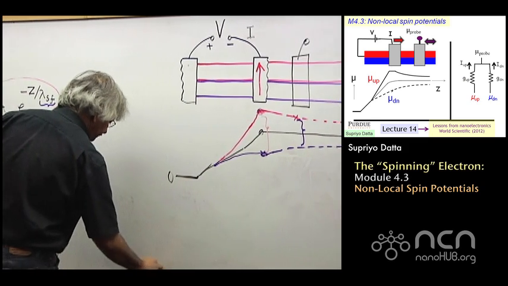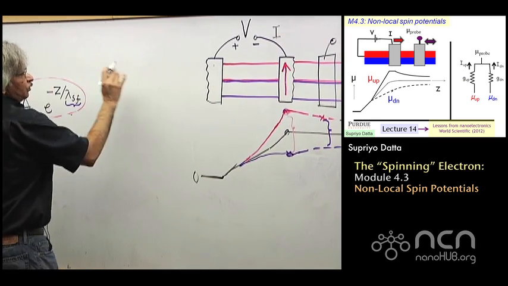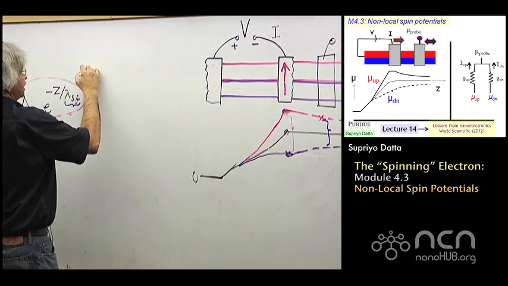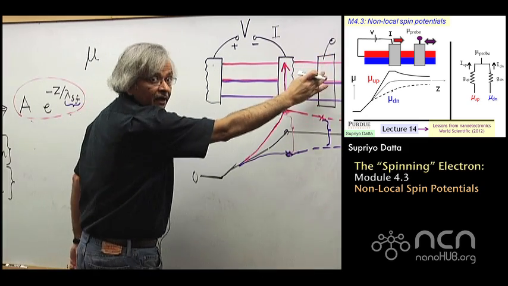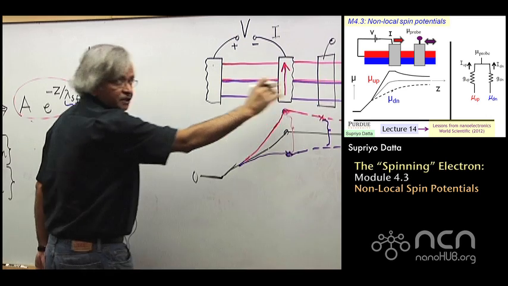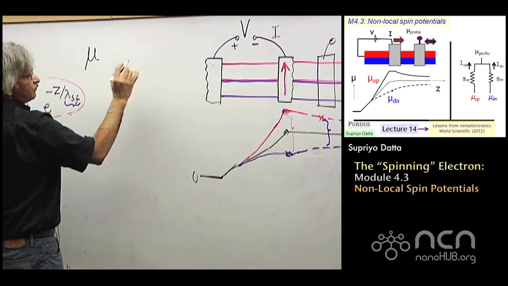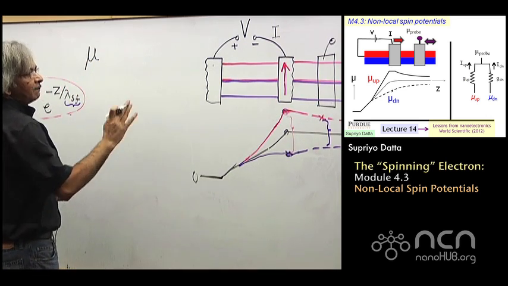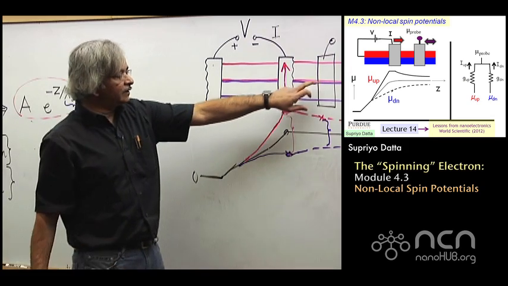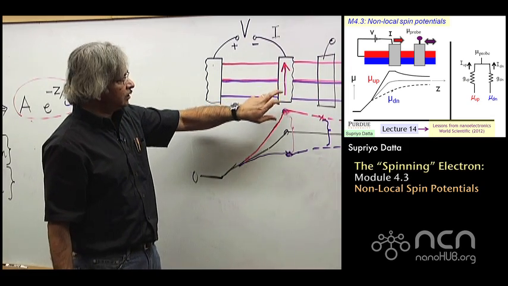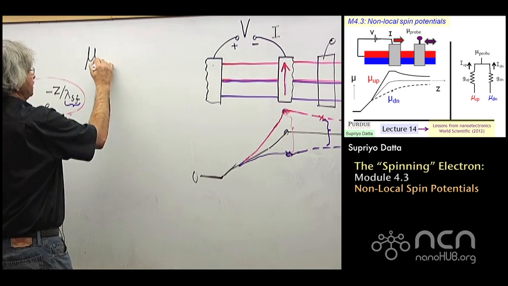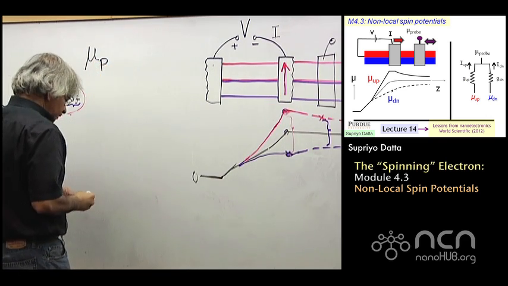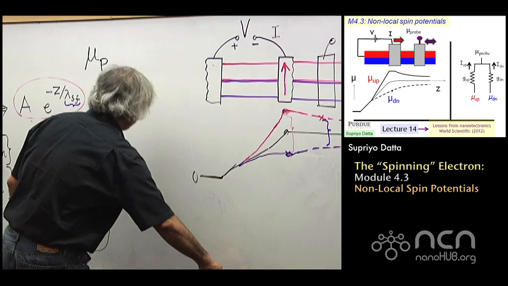What we'll argue is that if you look at the potential that you measure, mu, on this measuring magnet, then if the magnet happens to be parallel to the injecting magnet, that's what I'll call mu P. So that's what you measure if the magnet is a red one.